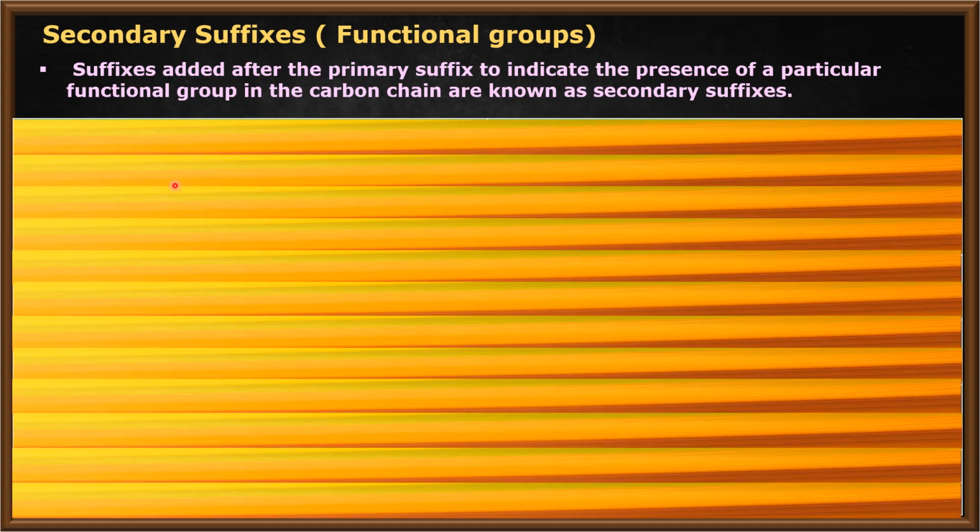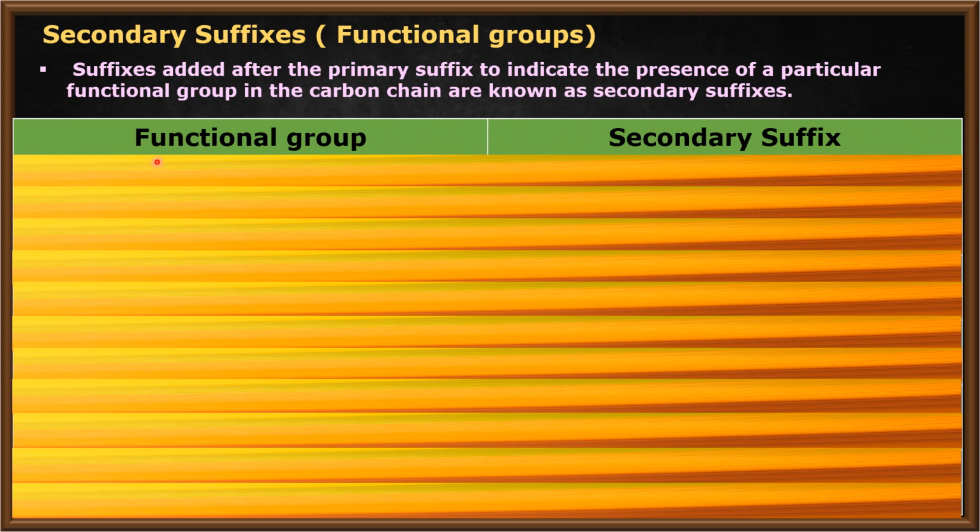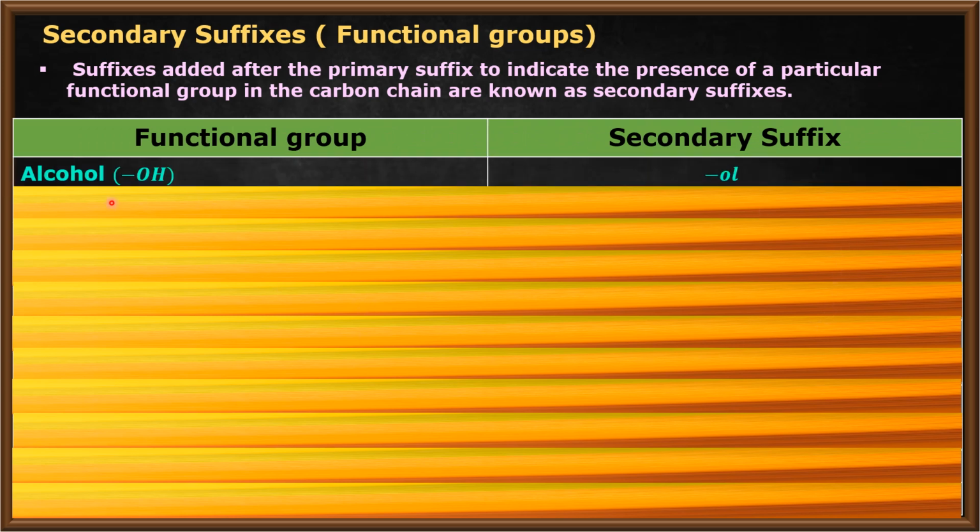Here I am going to provide you some functional groups, their structures, and their IUPAC suffixes. Name of the functional group, secondary suffix. Alcohol: its structure is OH, and the IUPAC secondary suffix is ol.